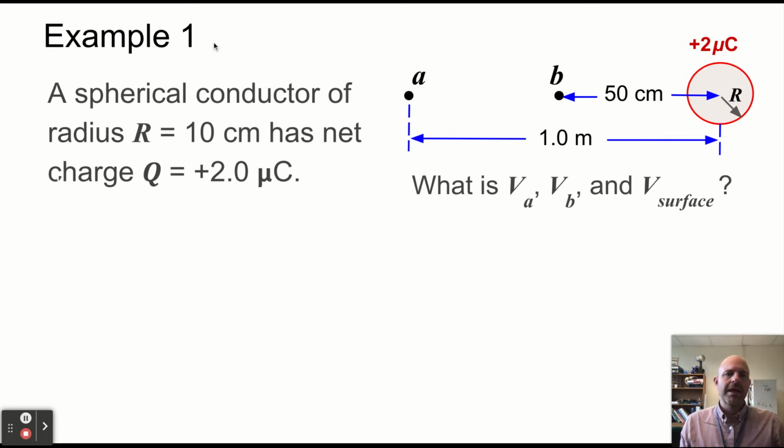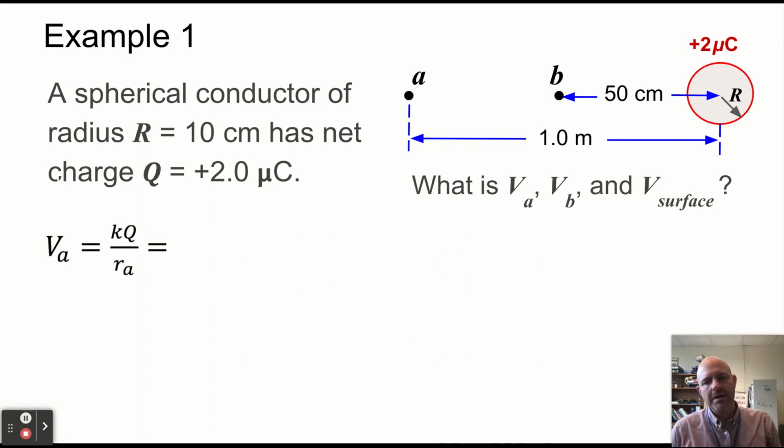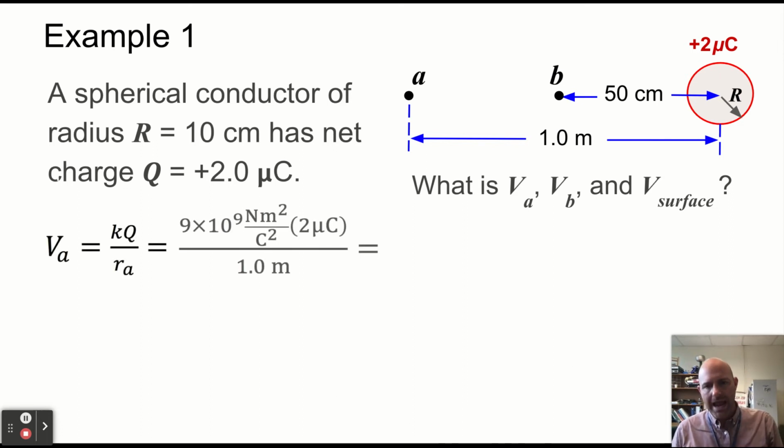So for example, if you had this point charge, 2 microcoulombs, technically it's a spherical conductor, but we could talk about what is the potential at point A, point B, and right at the surface. That ends up being important as we go along, so we'll look at that. At A, it's kQ over RA, 18,000 volts.